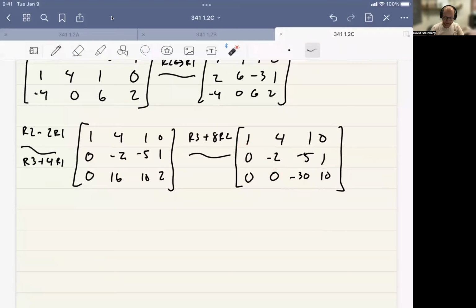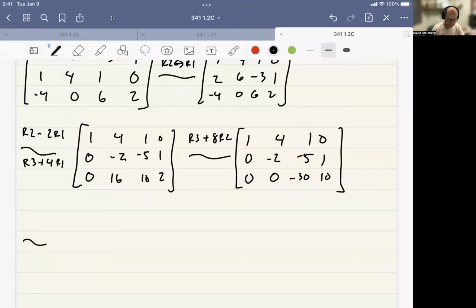Let's get a 1 in this lowest leading entry and the rows above it. So we'll go to, oops, -1/30 times row 3. 1, 4, 1, 0, 0, -2, -5, 1, 0, 1, -1/3.